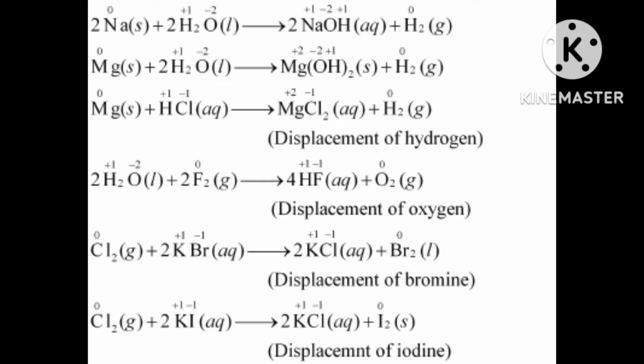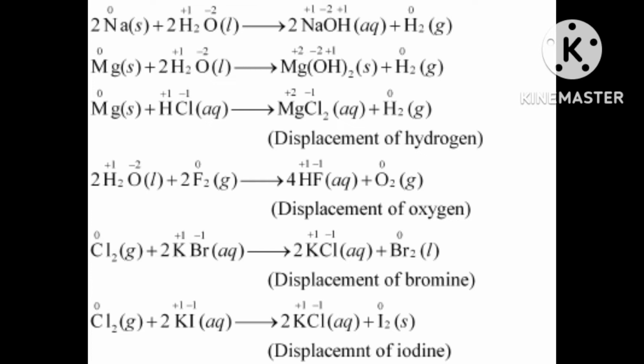Very important question. Always it is asked in medical, engineering, and general competitive exams also. Fluorine is the most electronegative element. Second position is of oxygen. Third is of nitrogen. Fourth is chlorine, and then bromine, and then iodine.